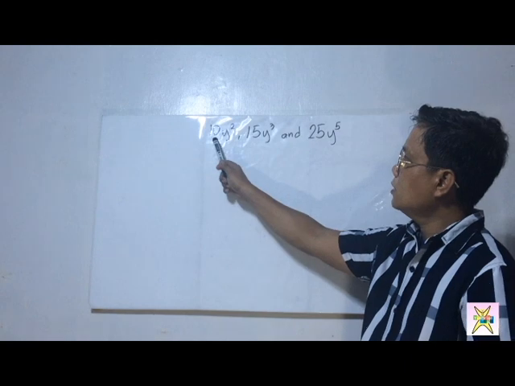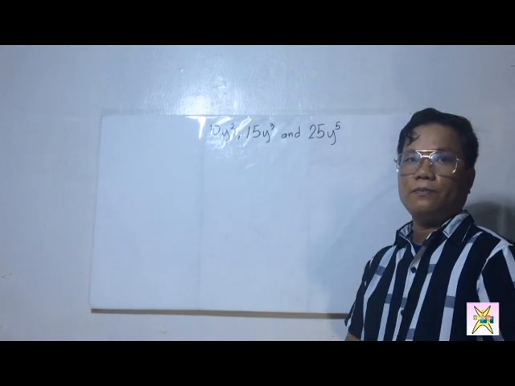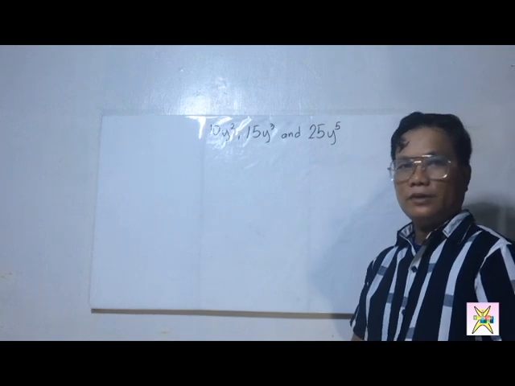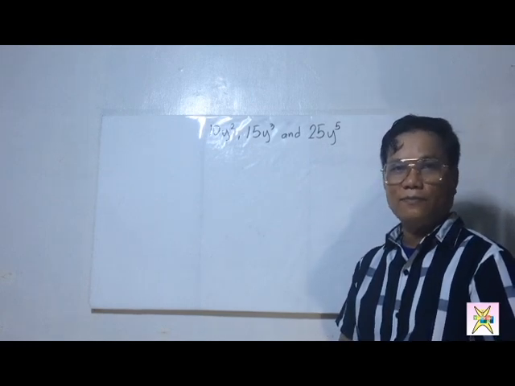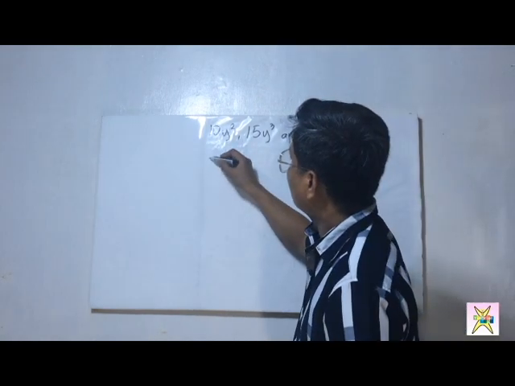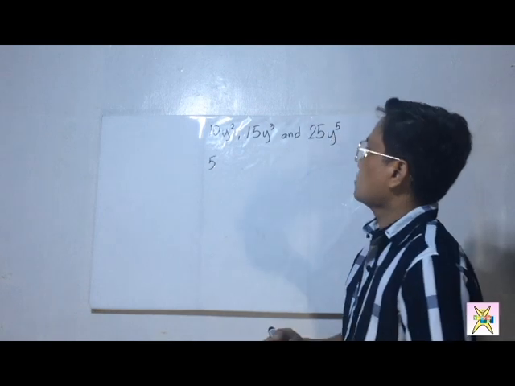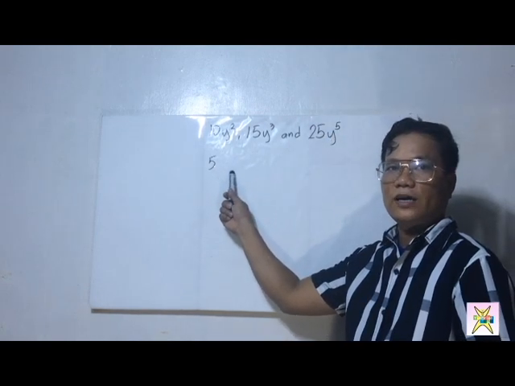What is common in 10, 15, and 25? Yes, they're all divisible by 5. So 5 is their common divisor.